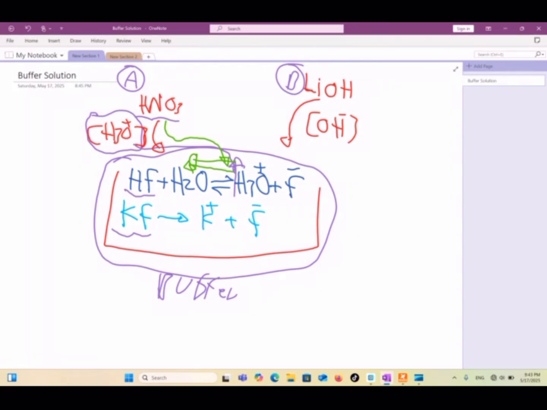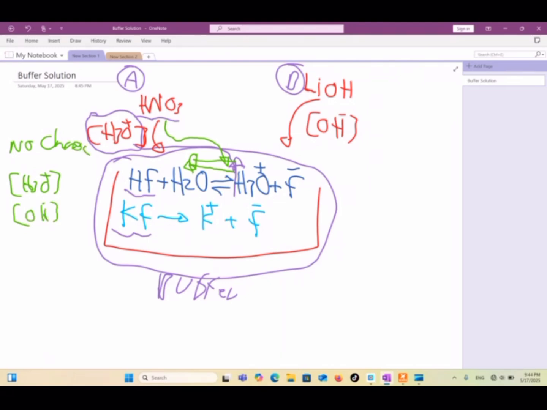In this case, the added hydronium is consumed simultaneously due to the shifting of equilibrium based on Le Chatelier's principle. So, we can say that there is no change in the concentration of hydronium.